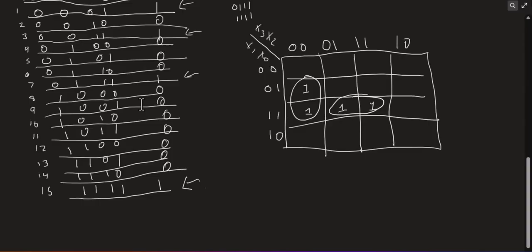Okay, so now to figure out what this corresponds to: this is x3, x2, so it's x3 bar and x2 bar because they're both zeros. The numbers on the side are x1 and x0, and we see that x1 can be 0 or 1, but x0 is always 1. So for this row, that would be x3 bar, x2 bar, and x0.